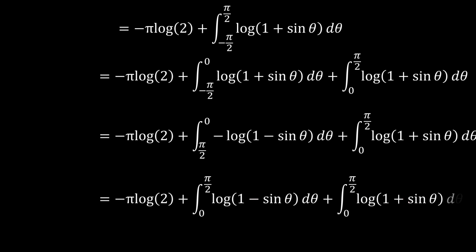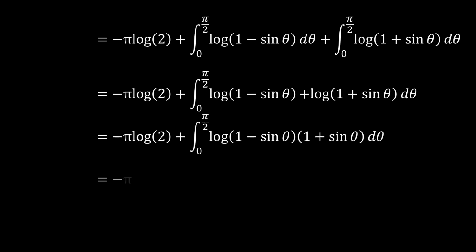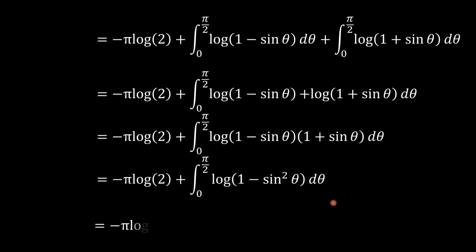Now we can add them back together, because the limits are the same but the signs here are flipped. That allows us to multiply them under the log function, and using the difference of two squares, this becomes the log of 1 minus sine squared theta.